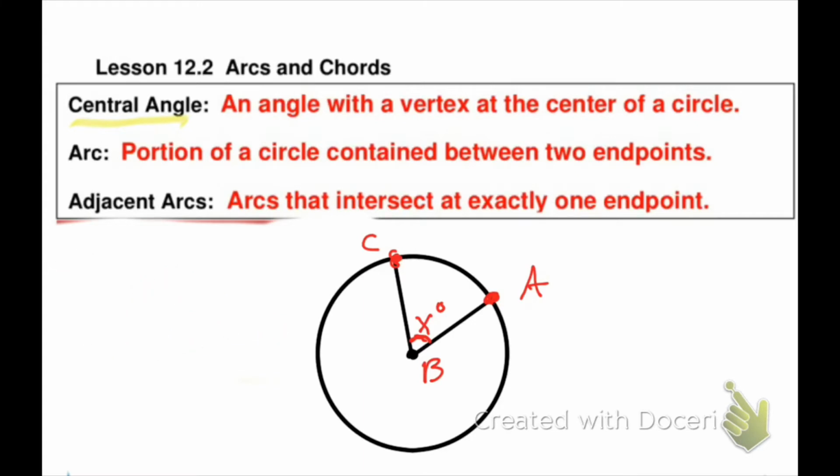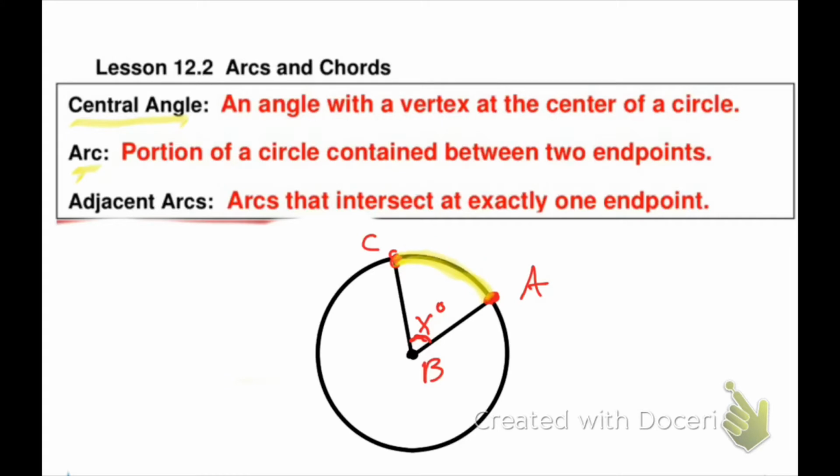Well, notice that when I create the central angle using both radii, I also get this portion right here on the circle. Well, that is an arc. An arc is the portion of the circle contained between two endpoints. So point C and point A, those are the points on the circle, and this highlighted part is a portion of the circle contained between those two endpoints.